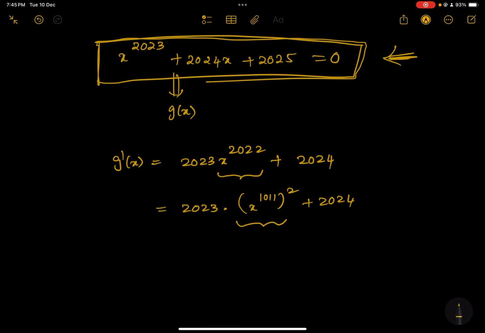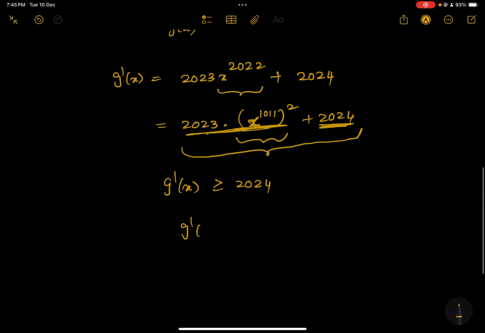So this quantity is always greater than or equal to 0. So this total thing is greater than or equal to 2024. The least possible value for the first term is 0, that is when x is equal to 0. So g dash of x is greater than or equal to 2024.